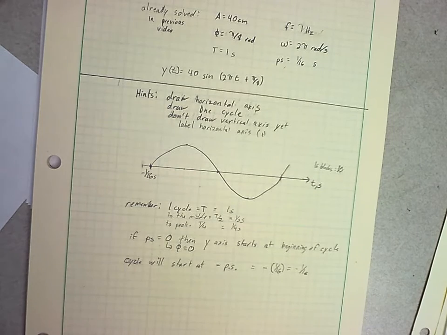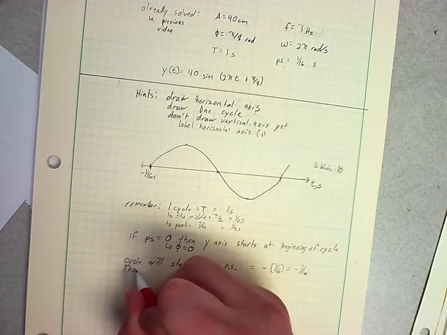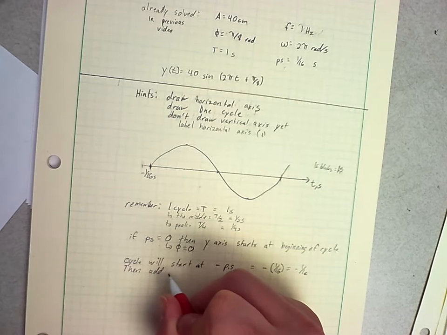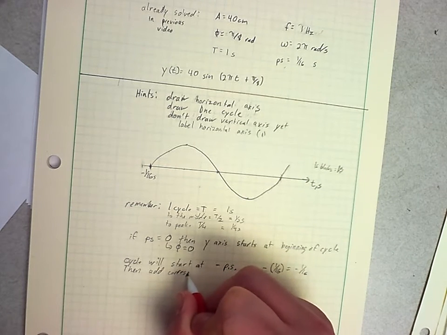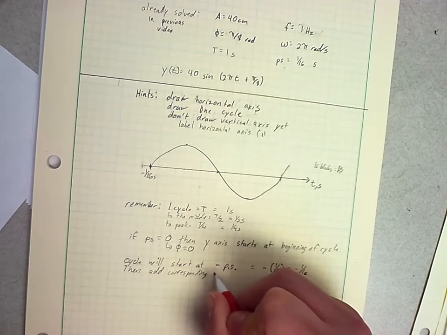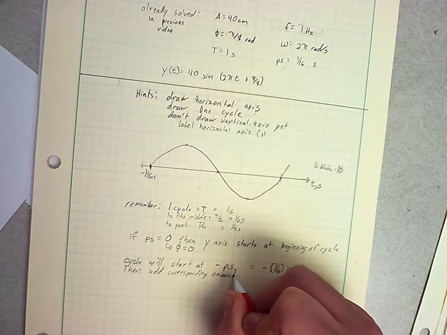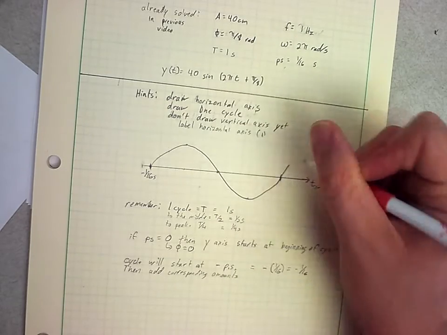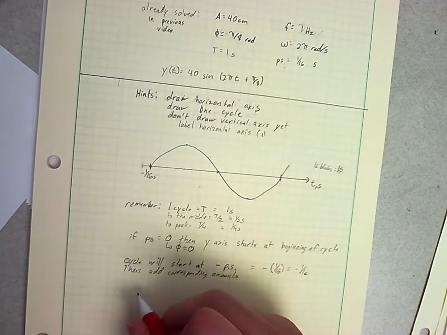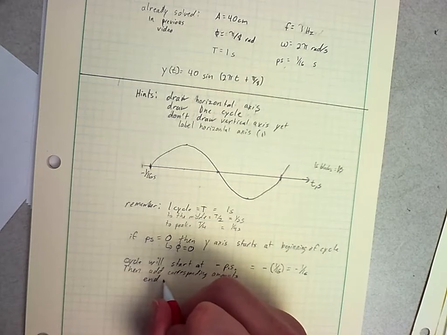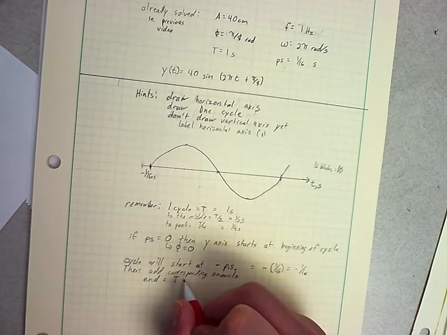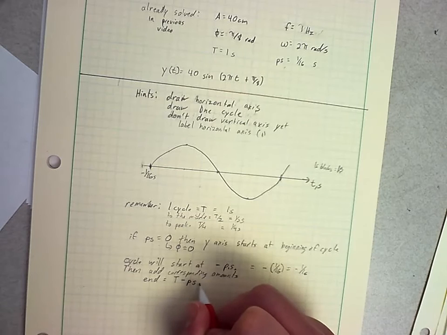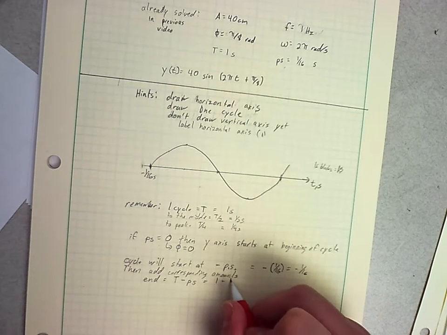So if I know that, I know that the end is T minus my phase shift, or 1 minus 1/16.